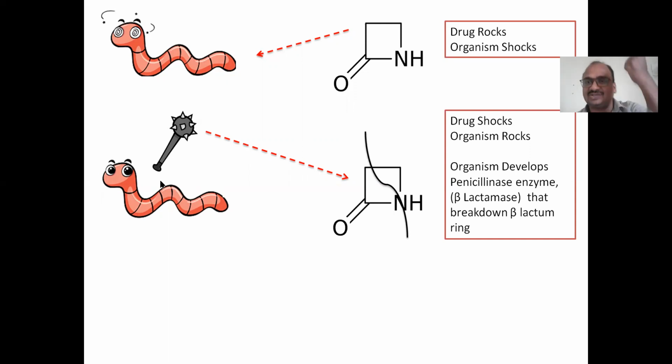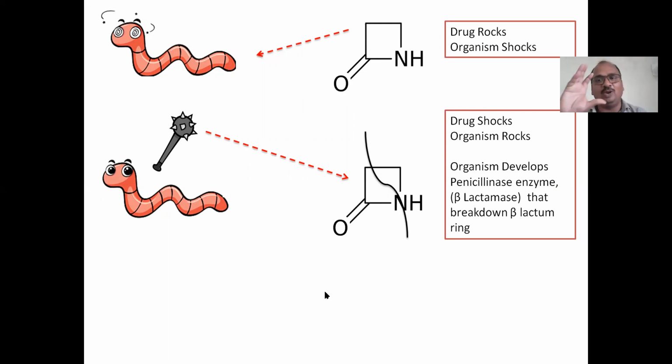Now the organism rocks because it has a weapon that breaks down the penicillin. So automatically the drug will be inactivated. So the drug shocks, organism rocks. Whereas here, the drug rocks, organism shocks.